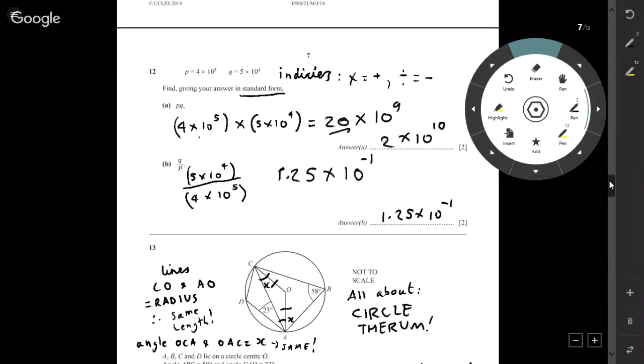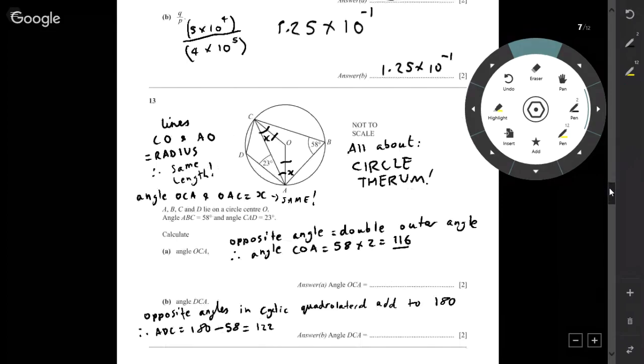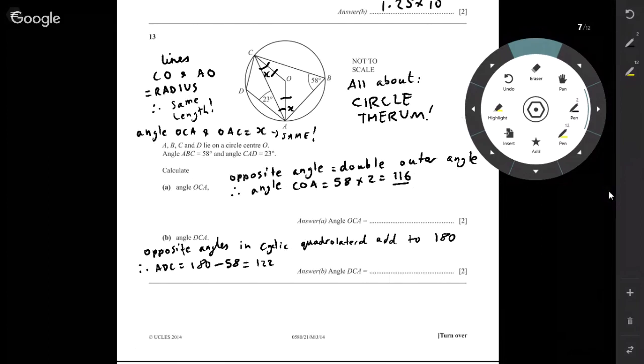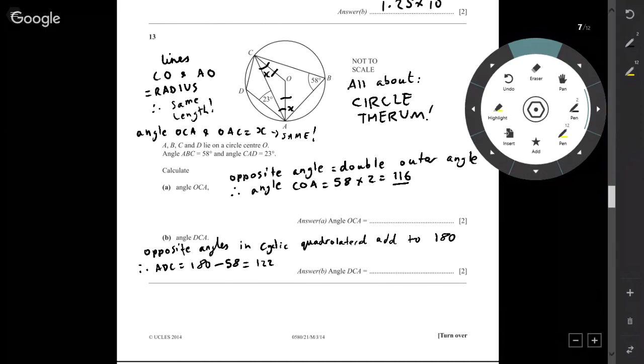Question 13 is all about circle theorem. There are lots of rules for circle theorems, which again you simply have to know, so it's definitely worth looking up if you don't know already. Let's break it down quickly. Here is the question. You've got C, D, A, and B all around a circle.